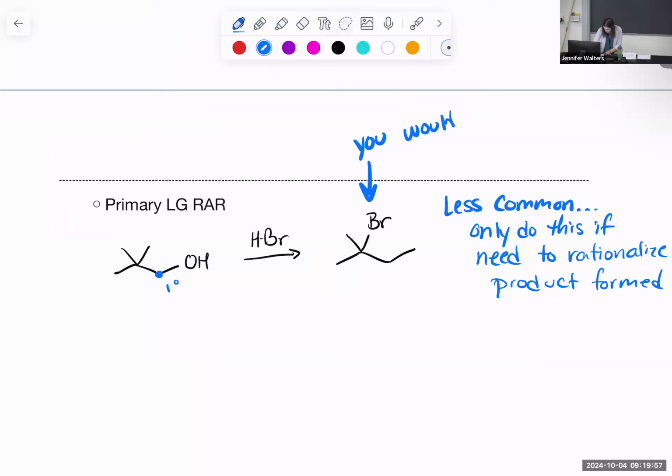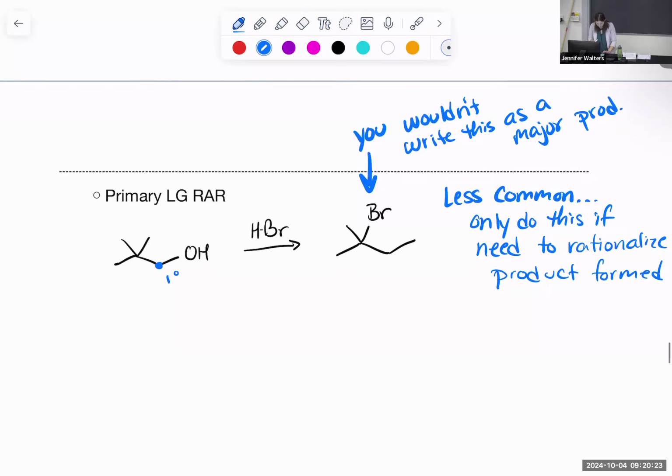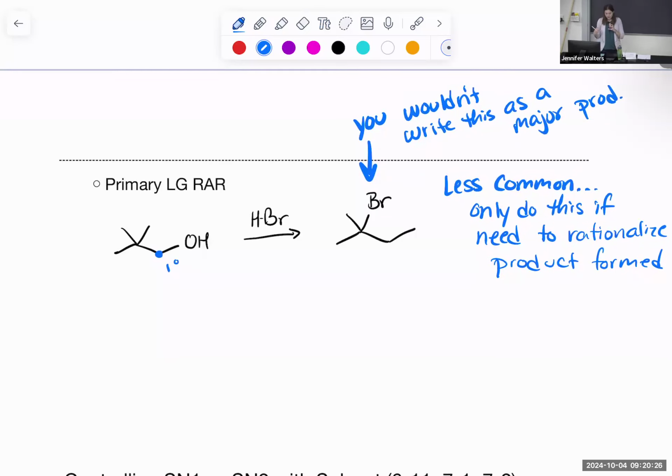You wouldn't write this as your major product. Like if this was a predict the product, that's not the product that you would draw. That's what I'm trying to emphasize. This is just if you're told to make this product and you got to think about how, then we're going to think about how we can have a concerted alkyl shift with our leaving group leaving.